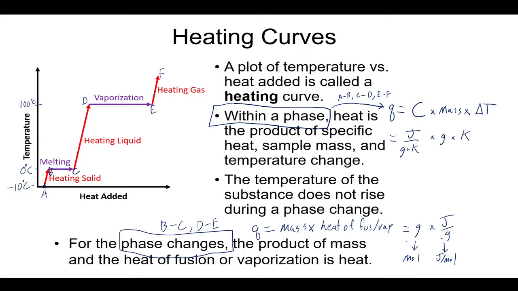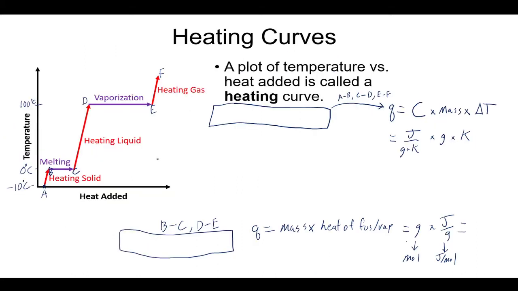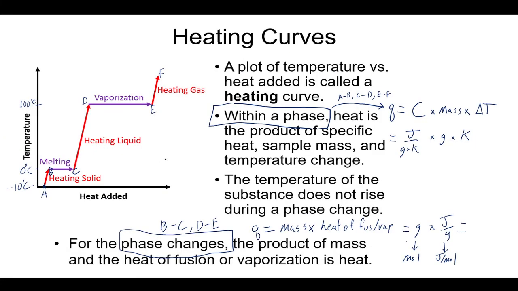I ultimately know from dimensional analysis that the things you multiply together must give you joules in the end. Okay, so when you get these heats of fusion or heats of vaporization, any of these things here, they're usually in joules per mole, joules per gram, kilojoules per mole, kilojoules per gram, for example.